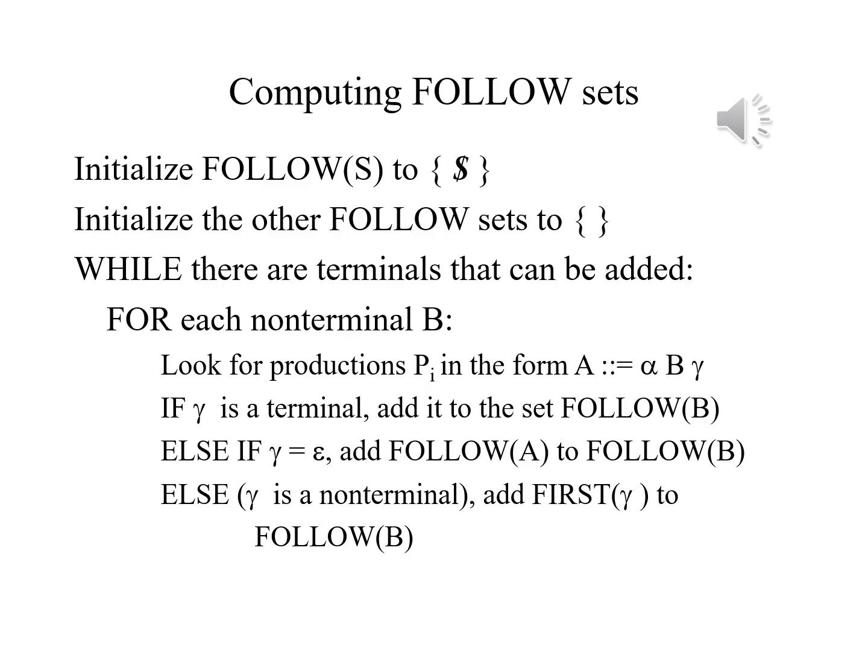If gamma is a terminal, we will add it to the follow of B. Else, if gamma is epsilon, the empty string, we will add the follow of A to the follow of B. Otherwise, this leaves gamma as a non-terminal, and the first of gamma is added to the follow of B.